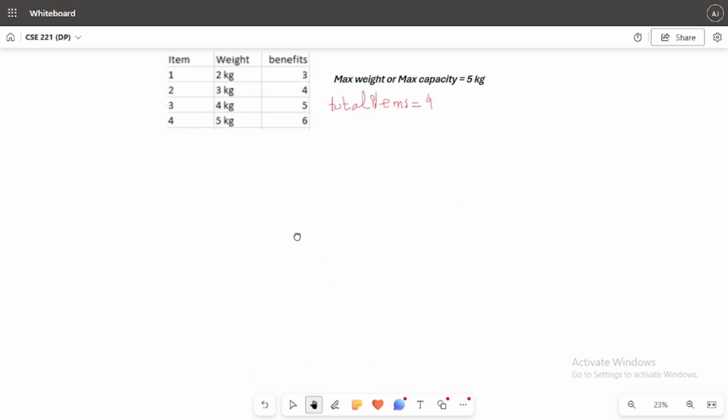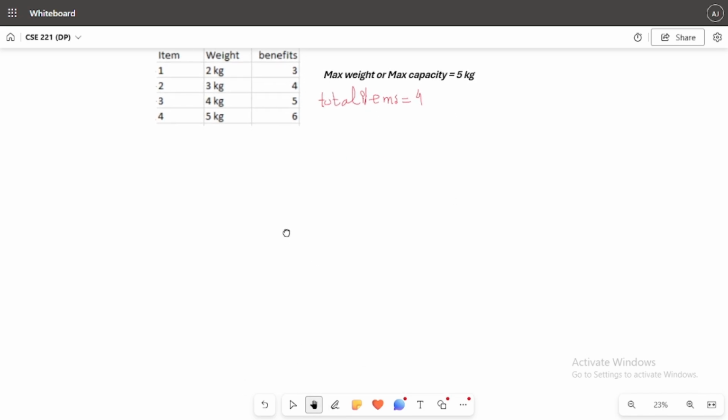Now, okay, let's draw a tree. What is the max weight? It is 5 kg. Let's write 5 kg. It is the max weight. Then, what is the total item? It is 4.